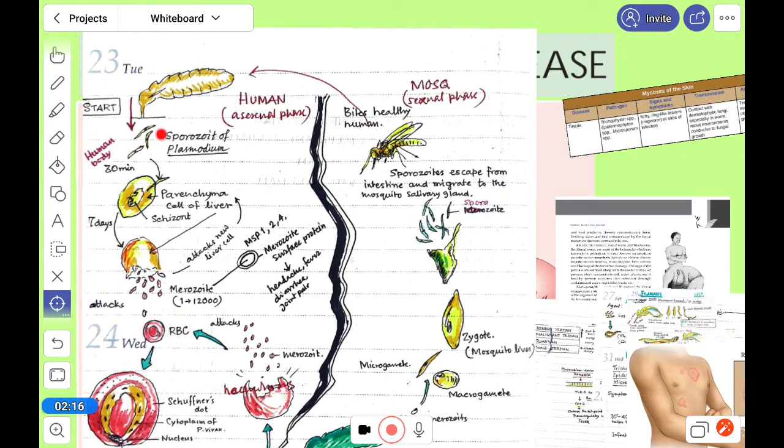First we start here, when the mosquito bites any healthy human, then the sporozoites of the Plasmodium enter.